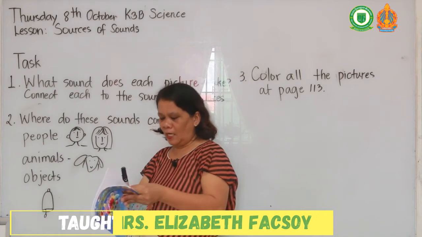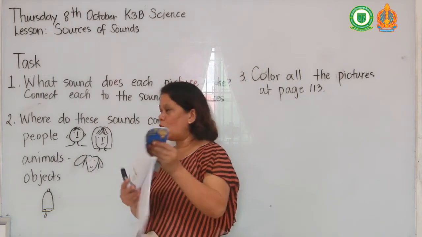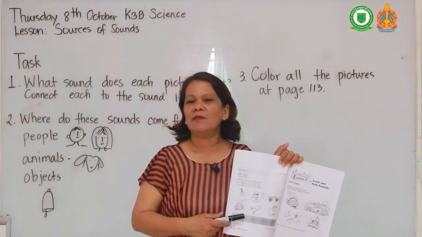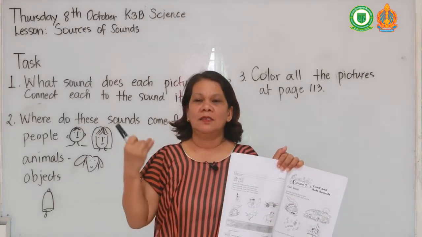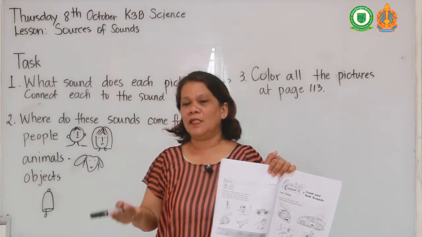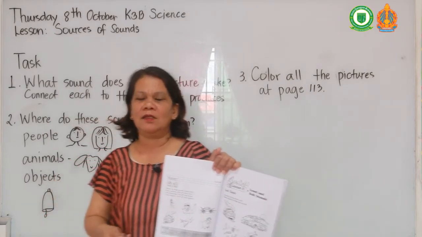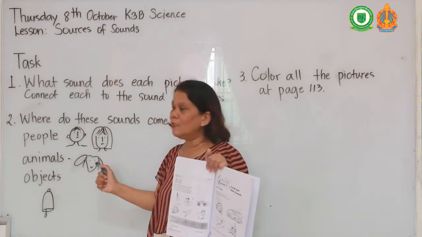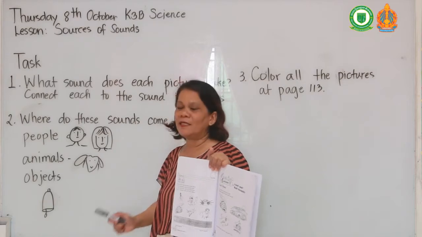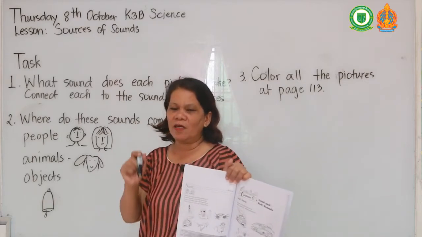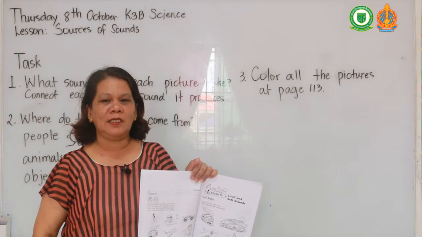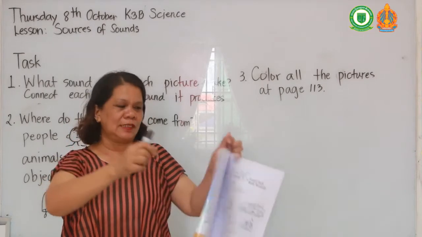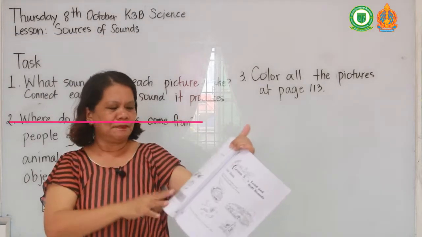At page 112, you can find animals. What are the animals? Cat, dog, cow, pig, bird, monkey. Those are animals. Objects are the things, like TV, like your table, your chairs, like your whistle.